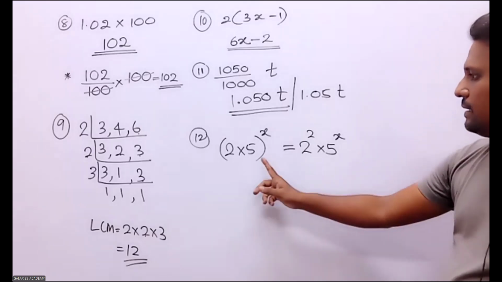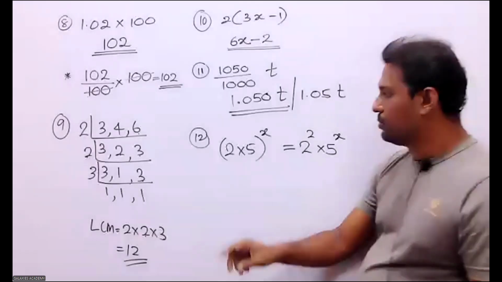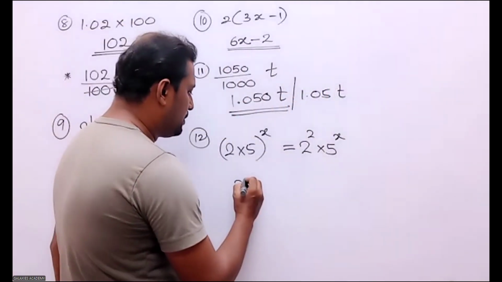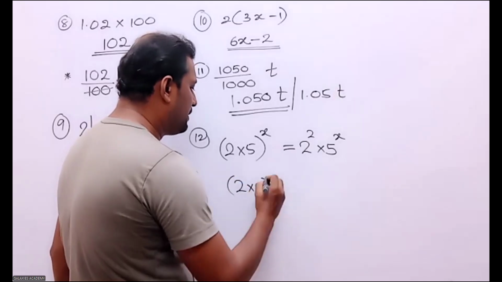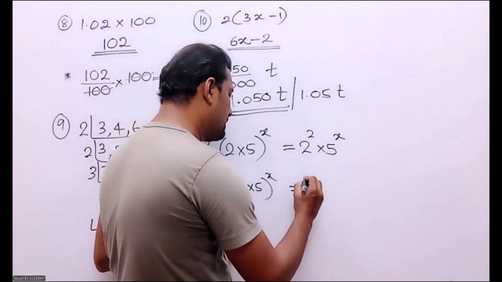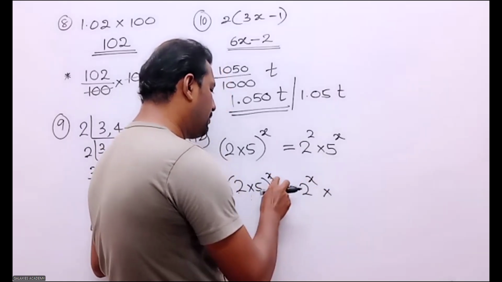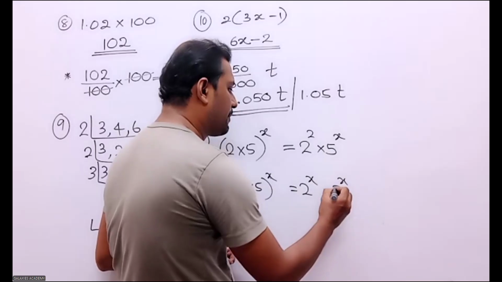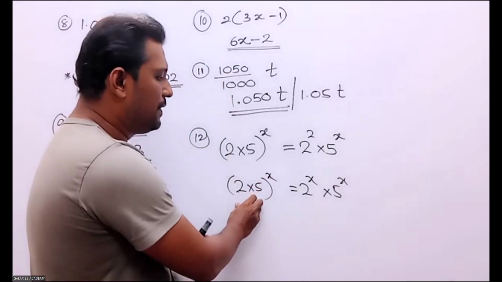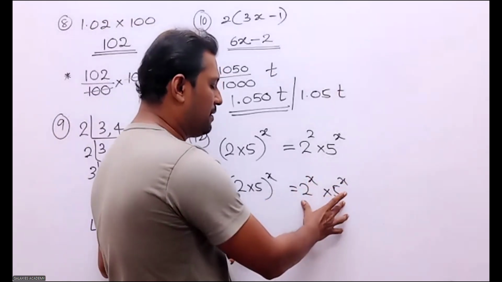Then this one I can write how? 2 multiply 5 to the power x, I can write as 2 to the power x multiply 5 to the power x. Power of a product we can write as product of powers.